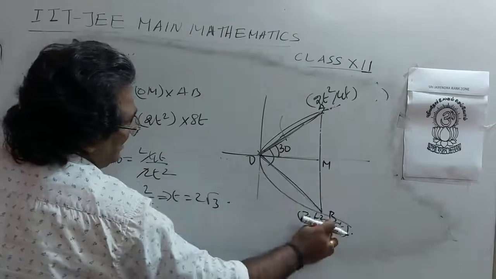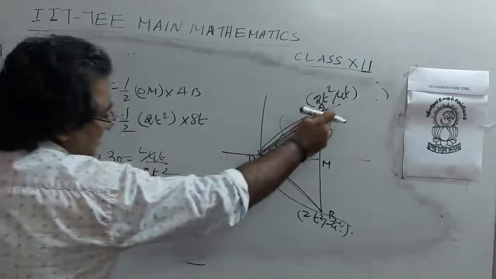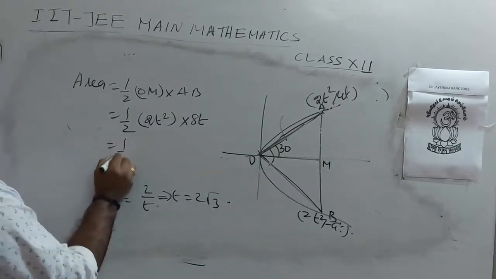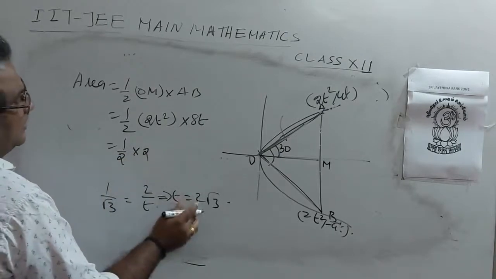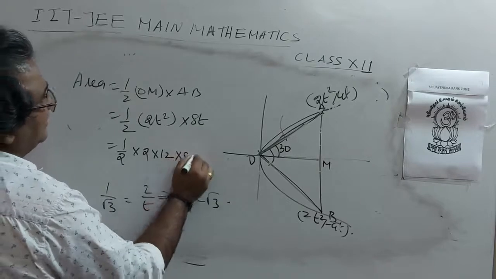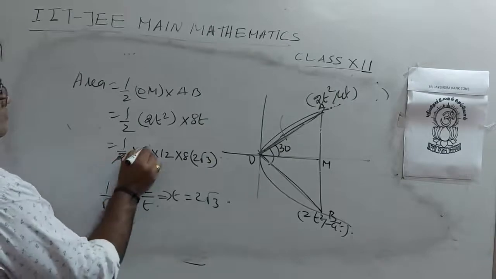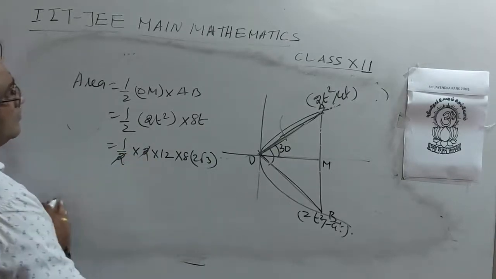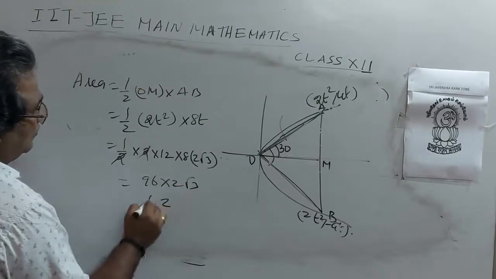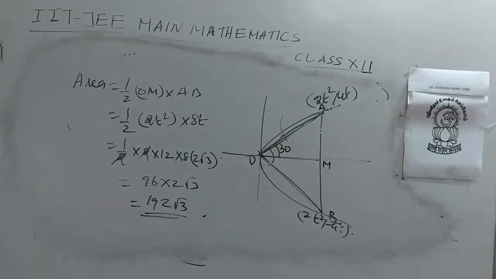The height is 2t², the base is 4t plus 4t, 8t. 1 by 2 into t squared, that is 12, into 8 into 2 root 3, that is 192 root 3.